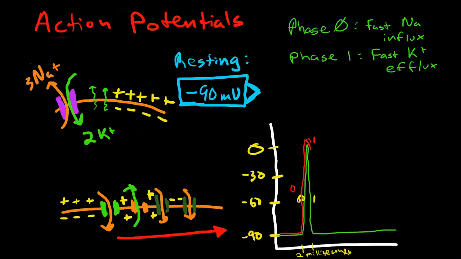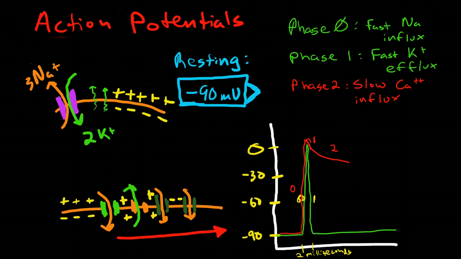But then what we have here is a plateau, which is phase 2, and phase 2 is caused by slow calcium influx.